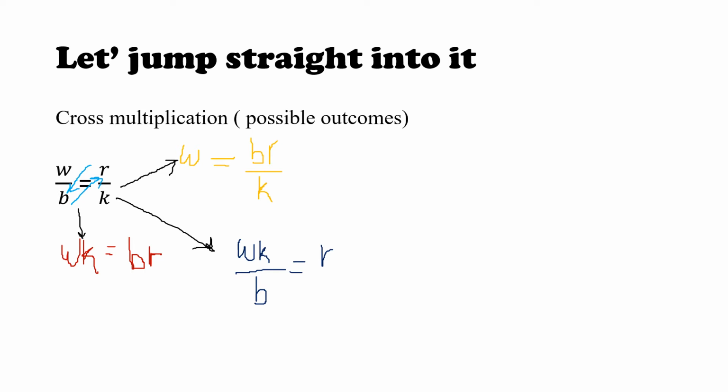And maybe there's a term for it that I'm not aware of. And if we do that, we will end up with a scenario like this. So notice the B goes up, the R comes down. So then I would end up with W over R, and that's equal to B over K.